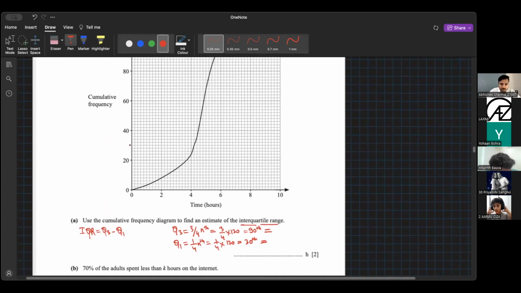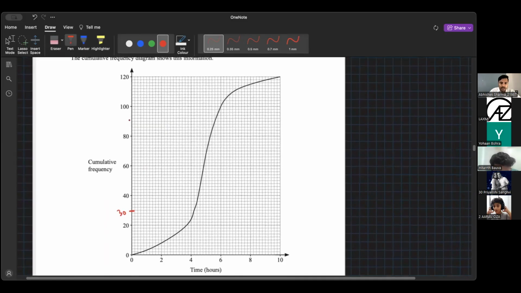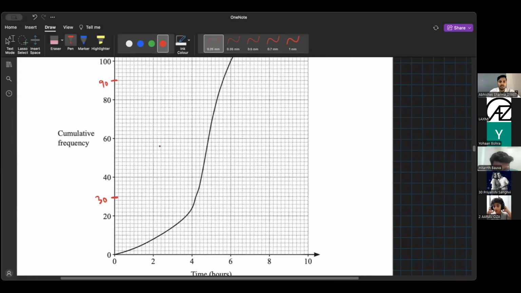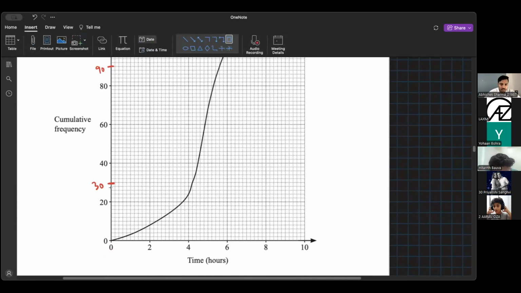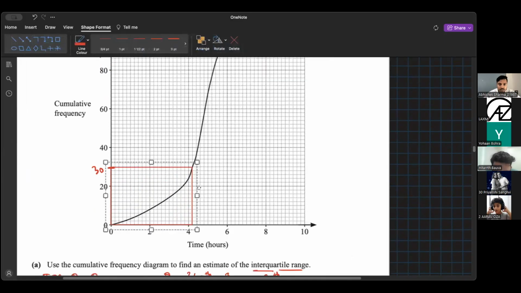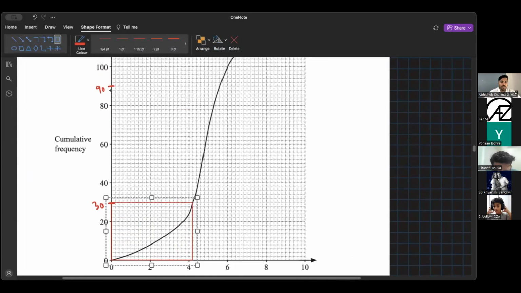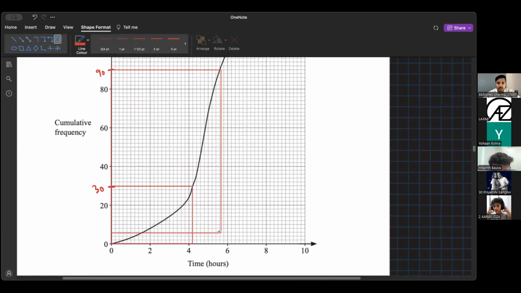First mark them. This is definitely 30 and this is definitely 90, right? Now you can use a scale and pencil and mark it. So it's here. Then the 90th value is here, at the point of intersection.